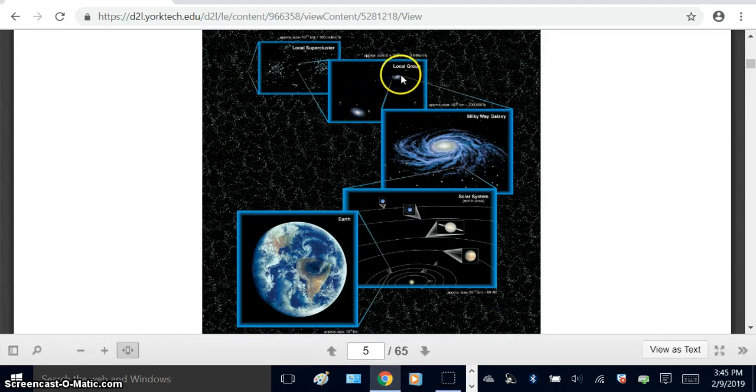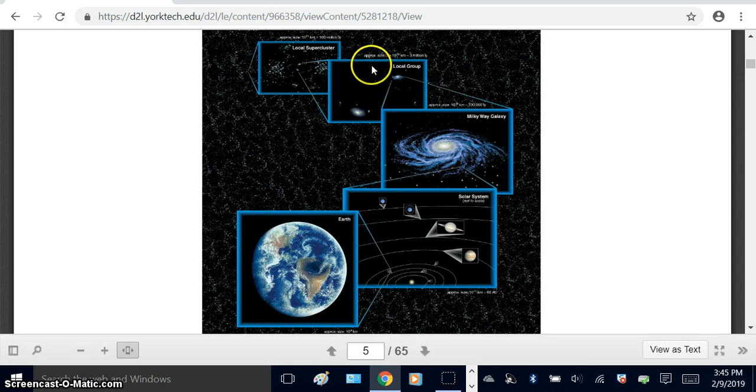The distance between us and Andromeda is about 2.5 million light years. So that's just our local group. It's about a couple of dozen galaxies, most of them pretty small. Just us and Andromeda are the large ones, and there are mostly what are called dwarf galaxies, really tiny little elliptical galaxies.